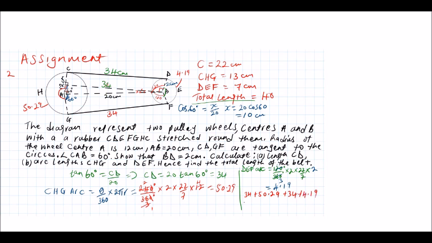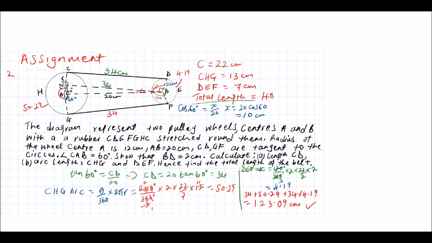Can you sum that up? Okay. That is 123.09 centimeter. So that is, we can call it, the perimeter of the belt. That's correct. So that is how you are supposed to approach that.